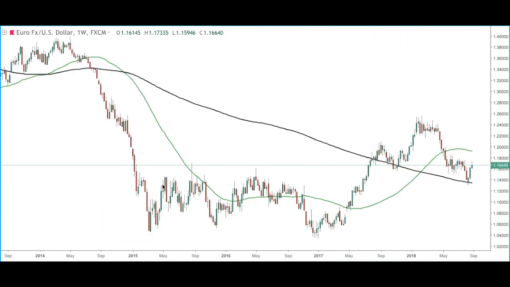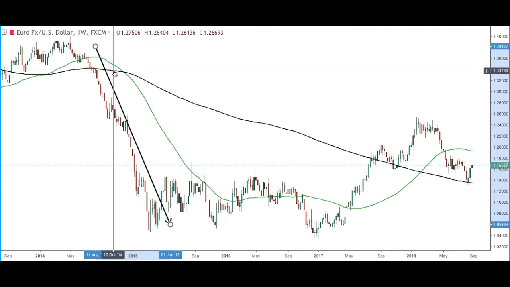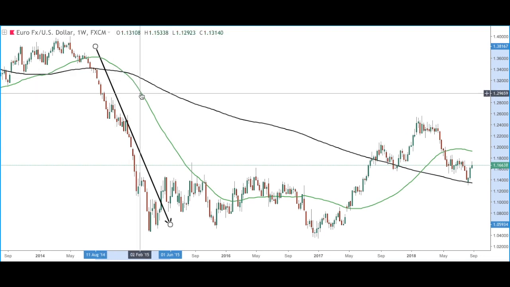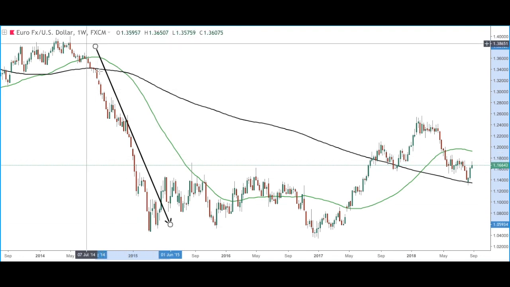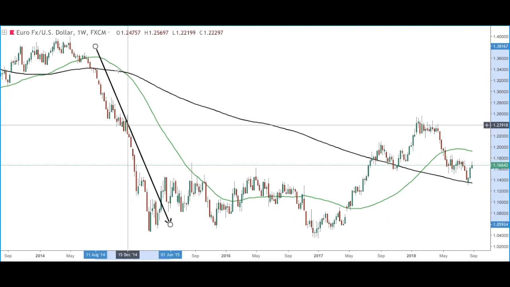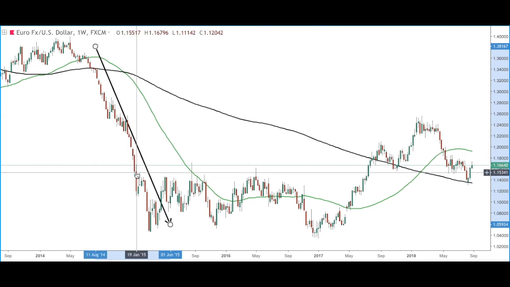Next, we'll be looking at a Forex pair, which is the euro against the US dollar. As you can see here, we had a nice bearish trend where price was trading below the 200 moving average and below the 50 moving average. It was a very linear downtrend, very quick as well. This is an area where trend traders would want to be in the market and profiting off of this move.